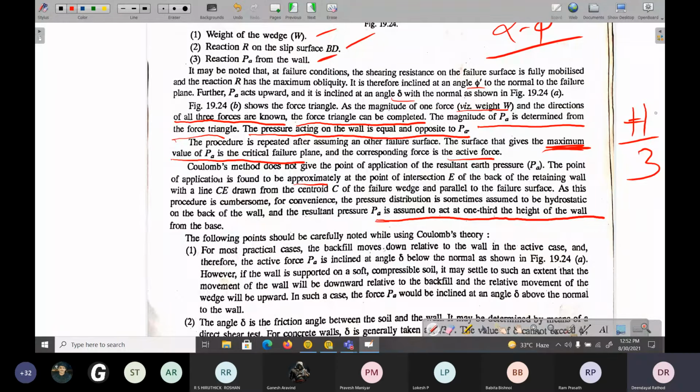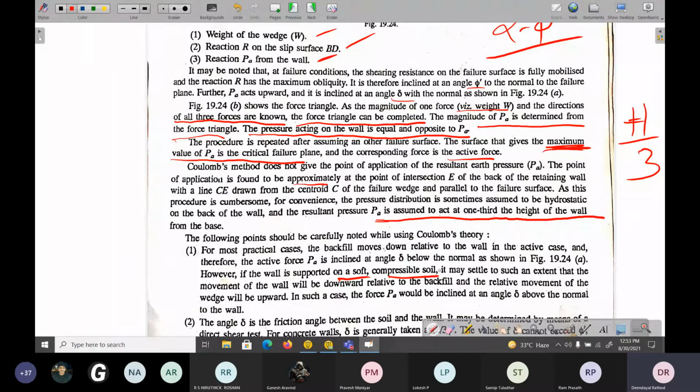The following points should be carefully noted while using Coulomb's theory. What are those points? For most practical cases, the backfill moves downward relative to the wall in the active case. However, if the wall is supported on a soft and compressible soil, it may settle to such an extent that the movement of the wall will be downward relative to the backfill, and the relative movement of the wedge may be upward.